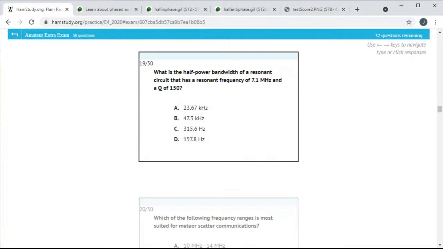What is the half power bandwidth of a resonant circuit that has a resonant frequency of 7.1 megahertz and a Q of 150?